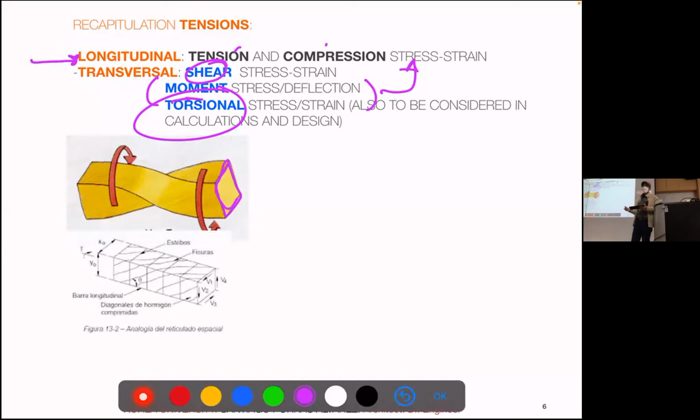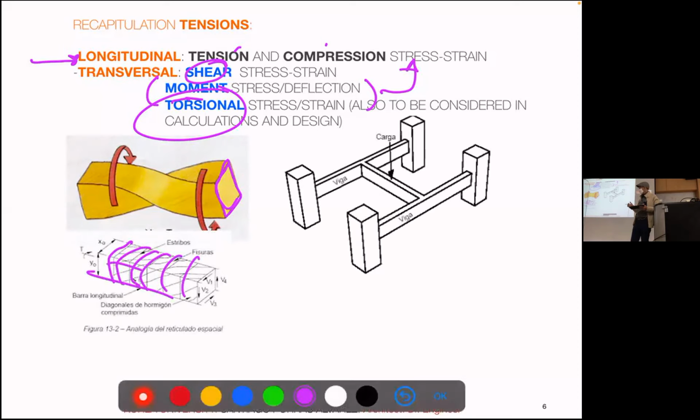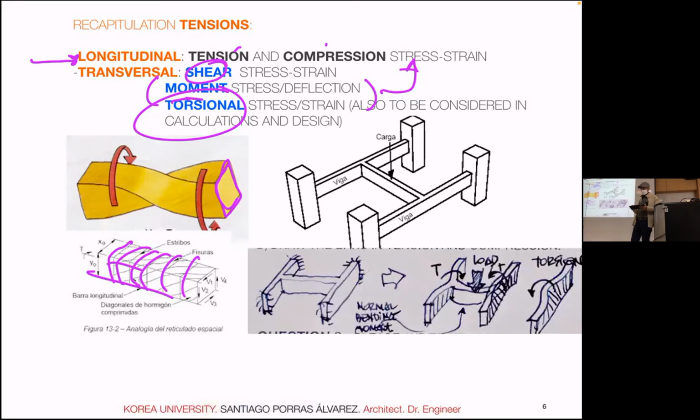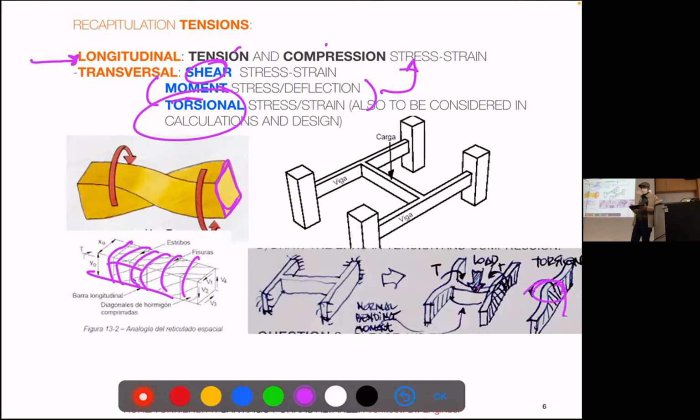So in concrete, we will have a lot of reinforcement just in the skin of the element. And this happens very often in the usual structures we have here in Korea, right? The beams over girders, in which one deformation makes the sides to bend and have this kind of torsion.